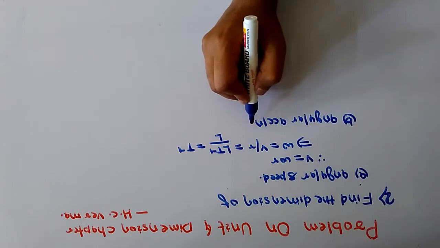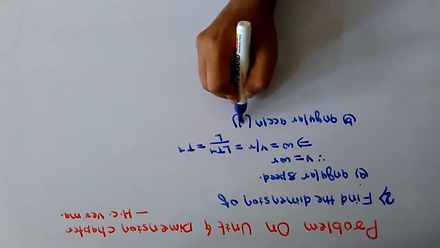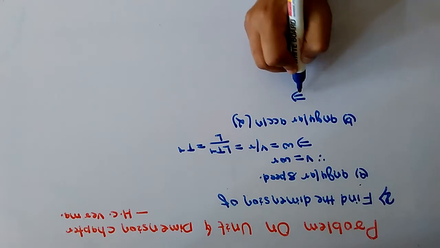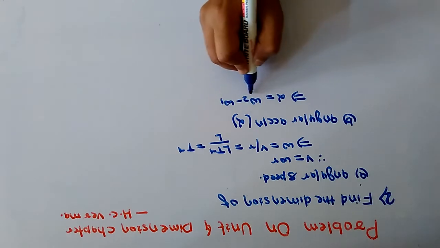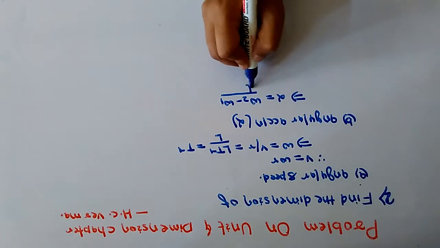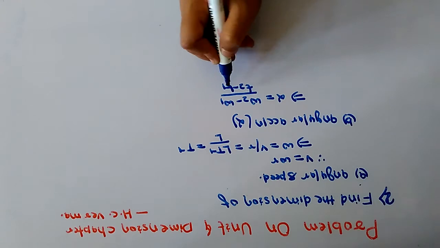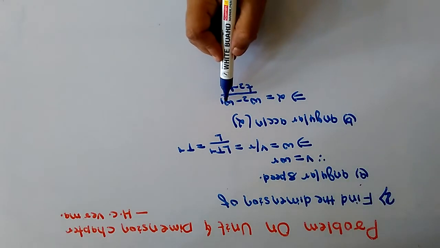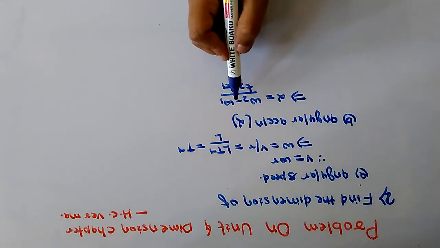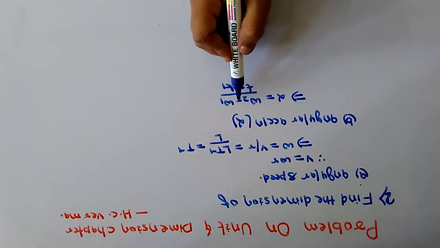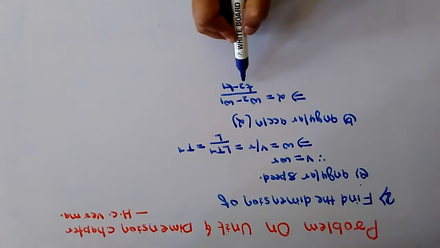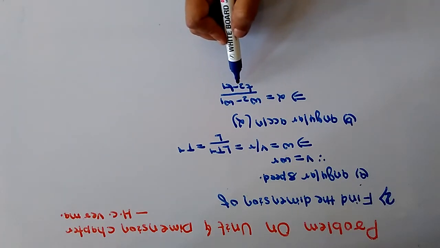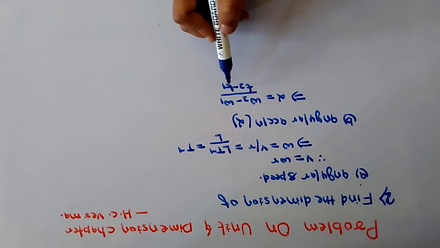Angular acceleration, which we denote by alpha. The formula of angular acceleration is alpha equals (omega_2 minus omega_1) upon (t2 minus t1). Since omega_2 and omega_1 are connected by a minus sign, both have the same dimension. Similarly, t2 and t1 are connected by a minus sign, so they also have the same dimension.